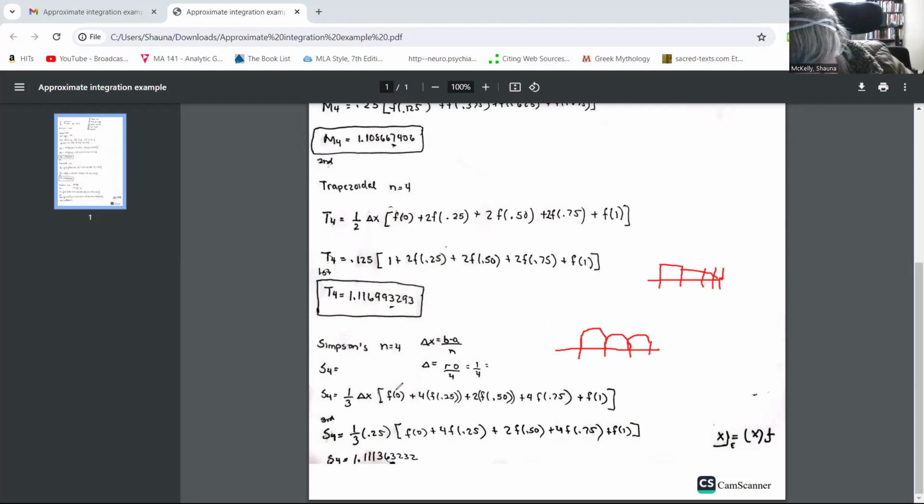So this took a little while to get there. F of 0, so 4 times f of 0.25, 2 times f of 0.5, 4 times f of 0.75, and 1 times f of 1. Don't forget about the alternate 4 and 2 structure, okay?